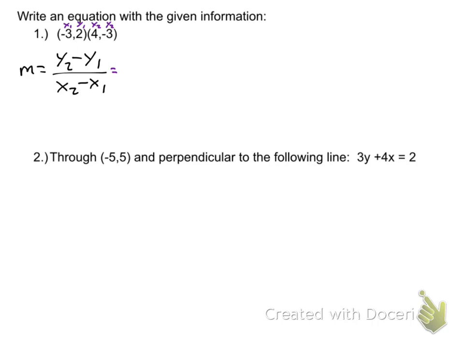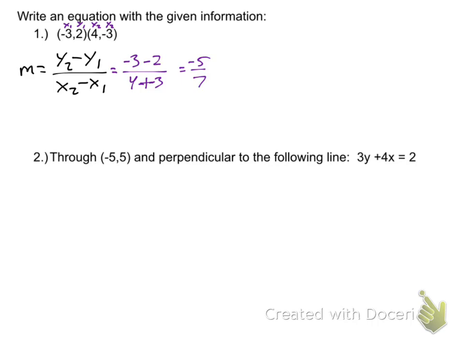So now I can go up here and say, what's y2? Negative 3 minus 2 over 4 minus a negative 3, which means plus 3, so negative 5 over 7. If you happen to change your order of points around, you should have got a positive 5 over negative 7. But it is still negative 5/7.